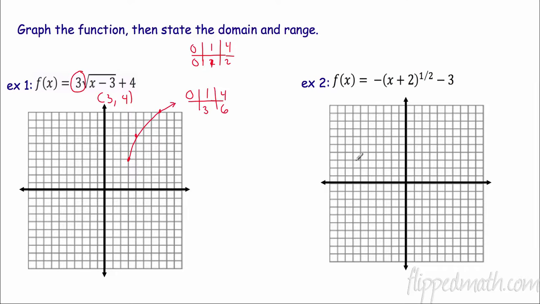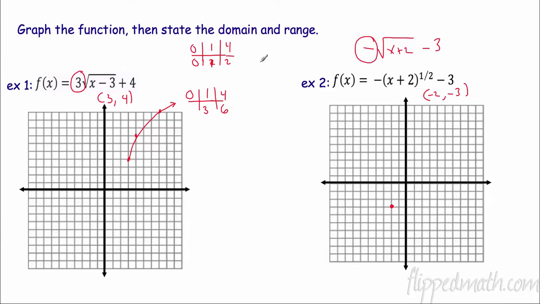Over here on this one, remember this is just another way to write x plus 2 to the 1/2. It's the same thing. So what's my reference point? It's going to be -3 is my vertical shift, and -2. So -2, and down 1, 2, 3. All right, so let's take a look. It is scaled by a negative.